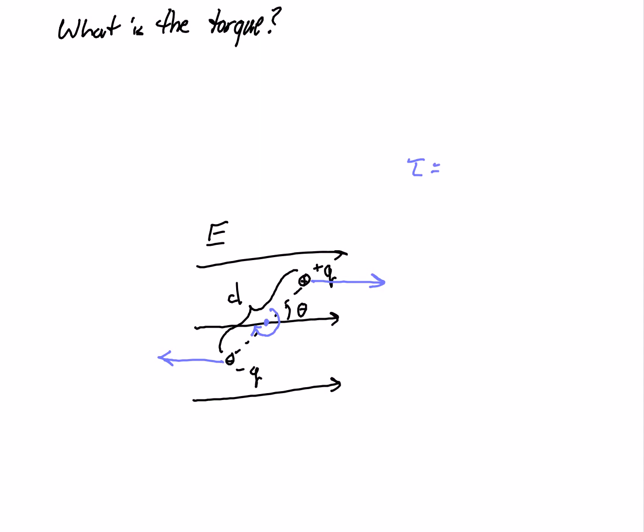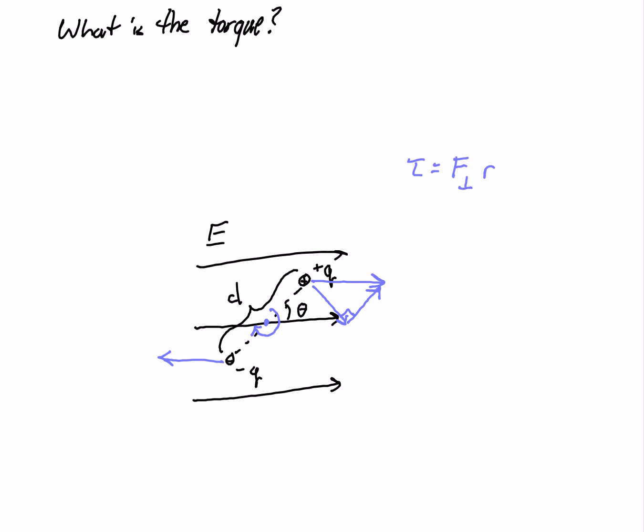Well, torque is equal to, remember, the perpendicular component of a force times the distance from the axis of rotation. Now the perpendicular component is this one, because it's perpendicular to a vector from the axis of rotation to the point of the positive charge. So what is this perpendicular component?